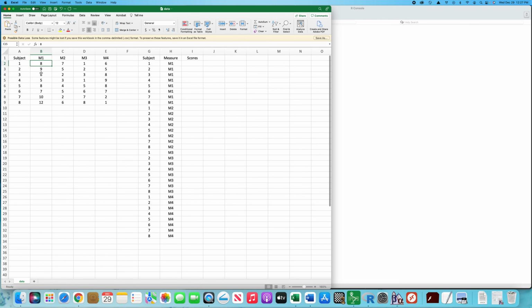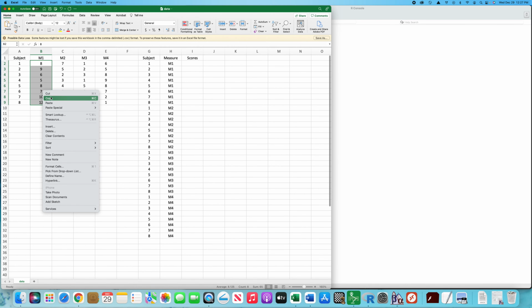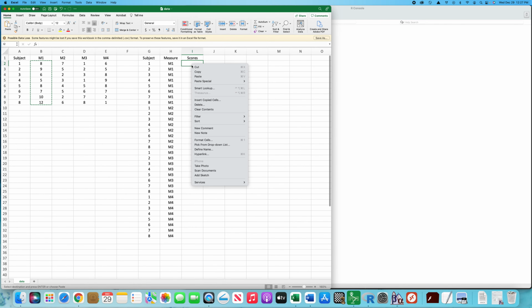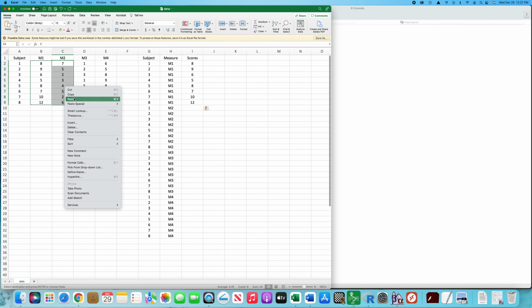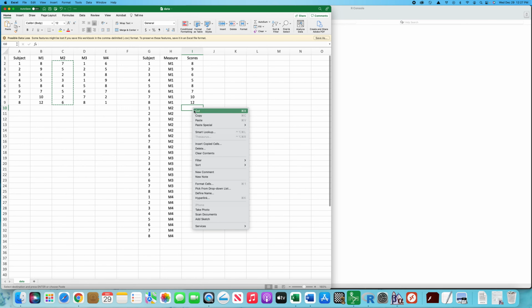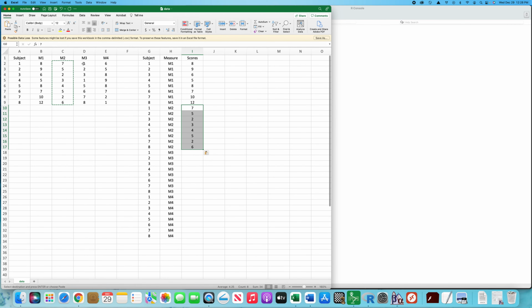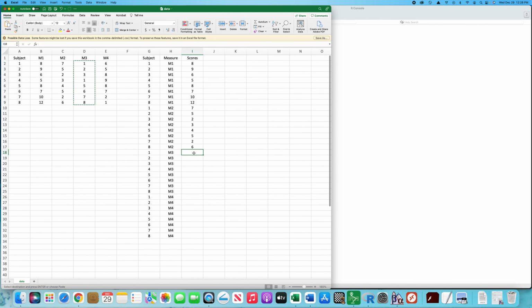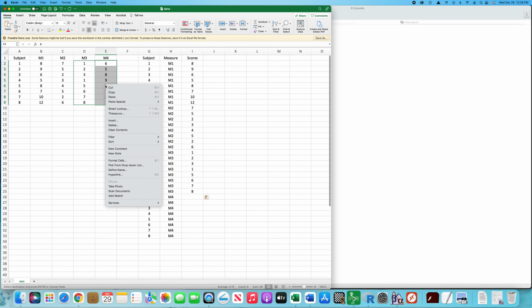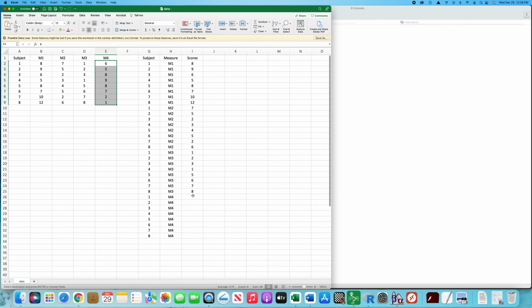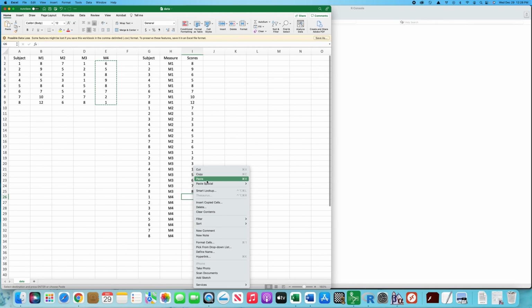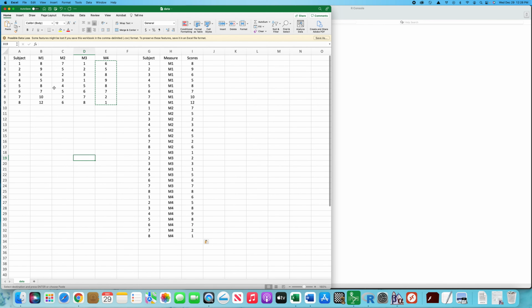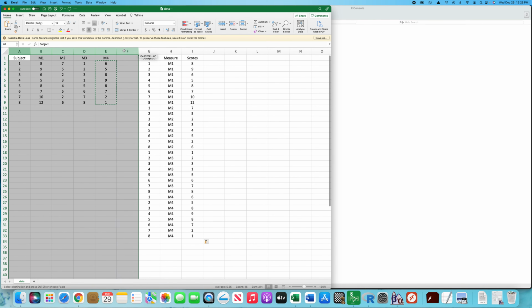All right, so measure ones, let's just copy and paste those. I may have been able to actually do this quicker in R. Finally, let's get rid of all the garbage here.